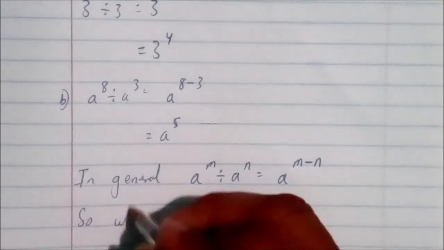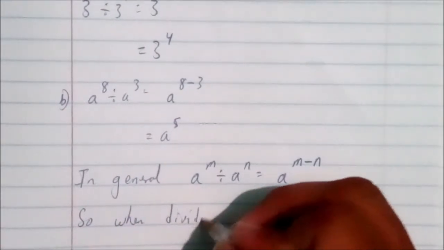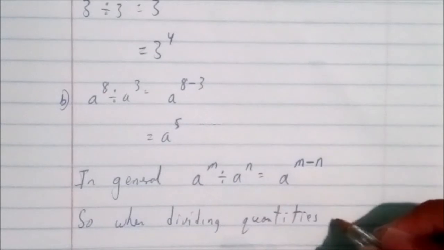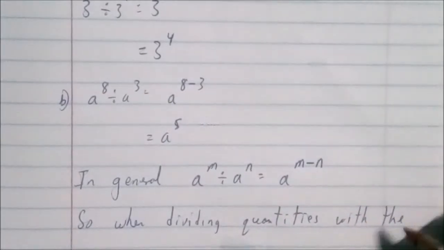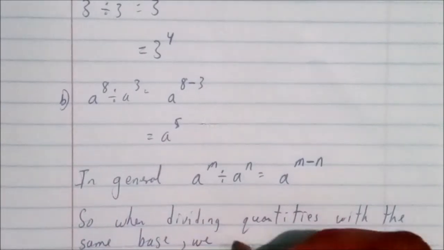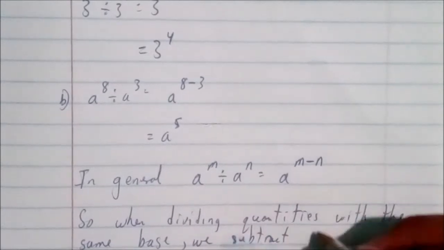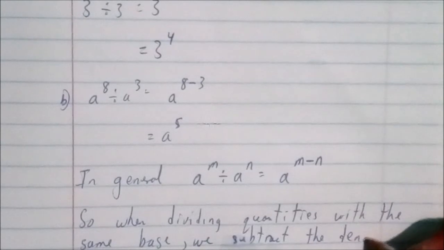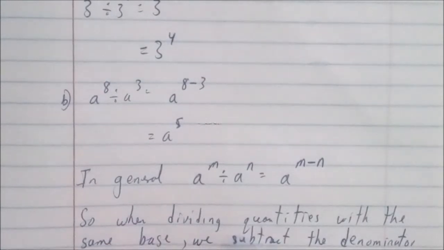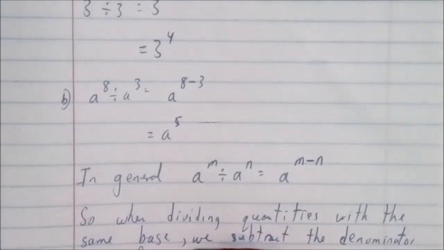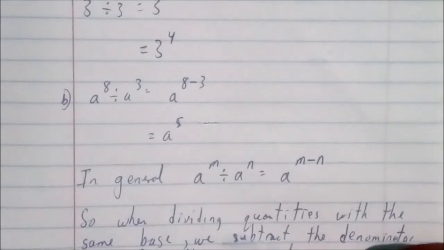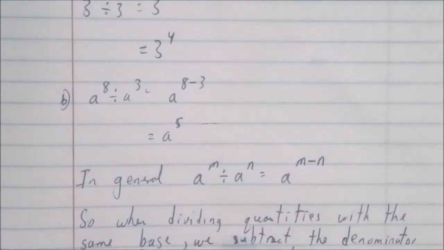So when dividing quantities with the same base, we subtract the denominator power, or index, from the numerator power, or index.